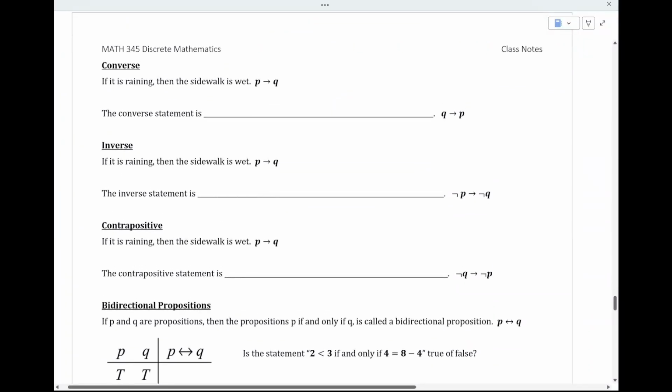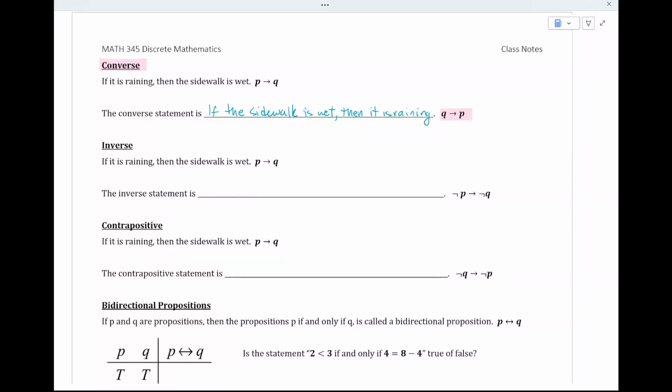In these different types of statements, we're going to look first at the converse. So our conditional proposition is that if it is raining, then the sidewalk is wet. P implies Q. The converse is Q implies P, the exact opposite. If the sidewalk is wet, then it is raining.